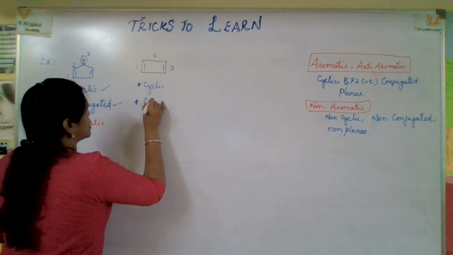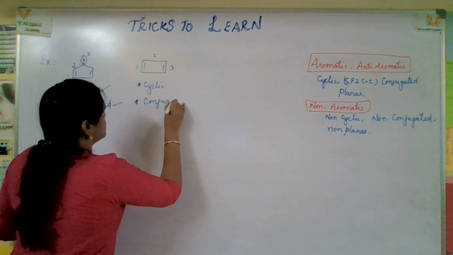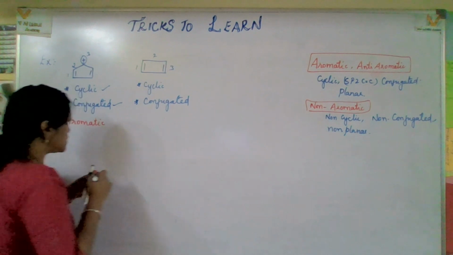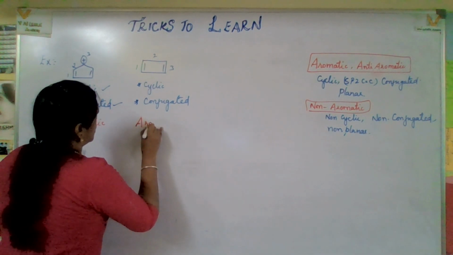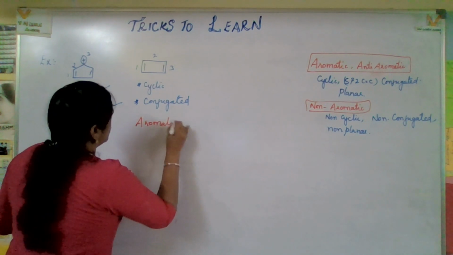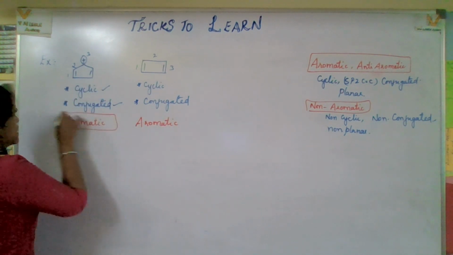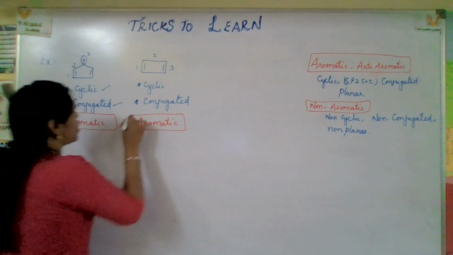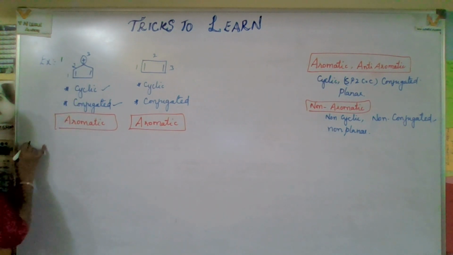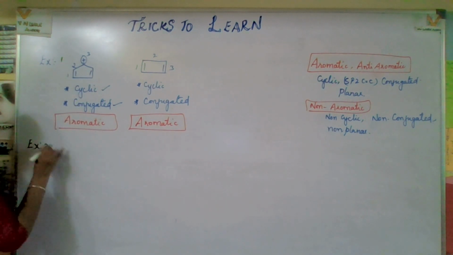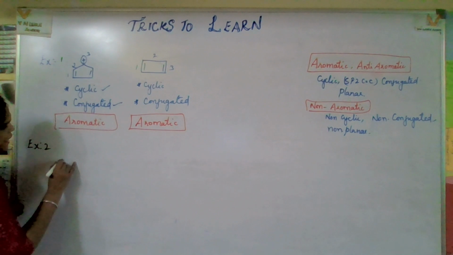Yes, it is conjugated. That means this is aromatic. Now aromatic we can easily identify. What about non-aromatic? Let us see one more example. Example two, non-aromatic. Okay, now here.